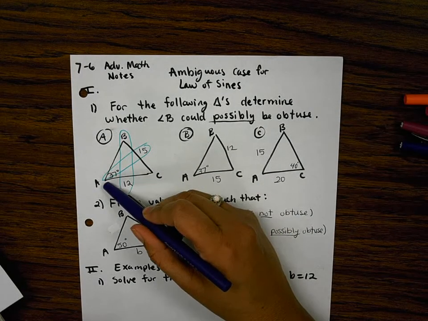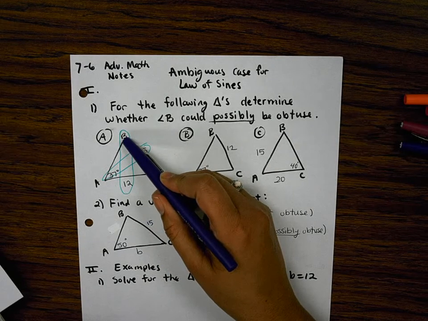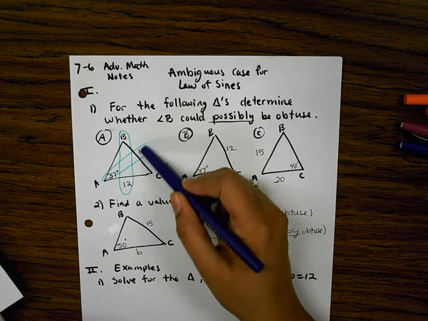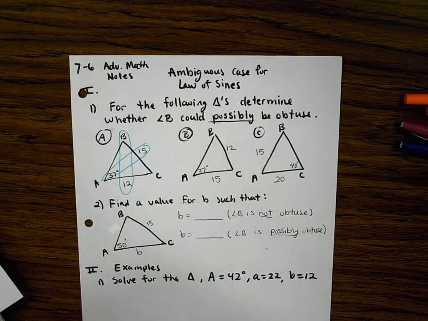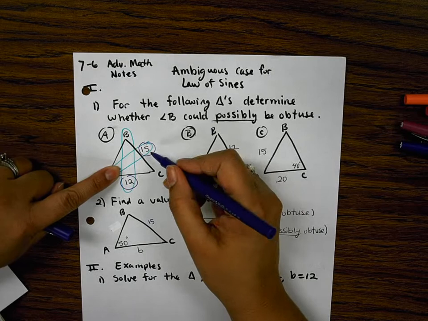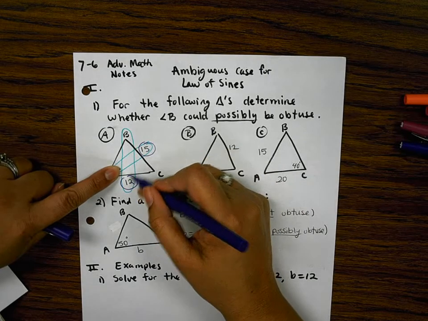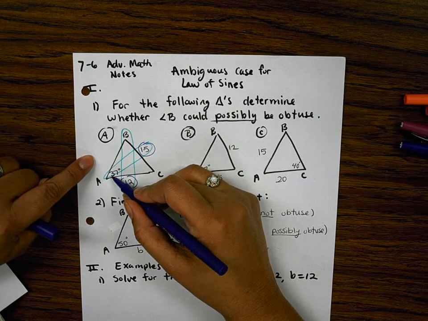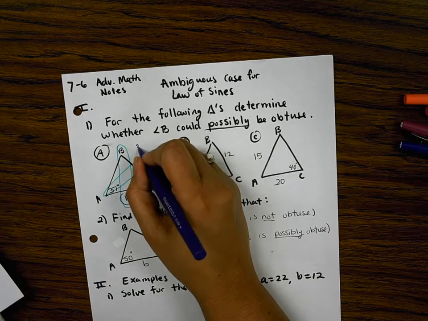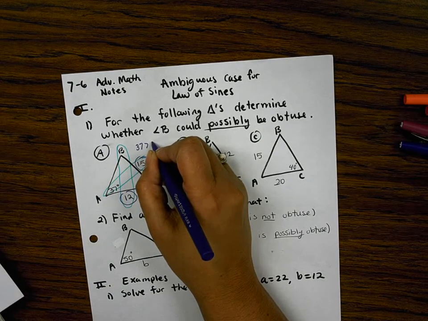And since 15 is bigger than 12, that means 37 is bigger than angle B. I'm going to repeat that. Since 15 is bigger than 12, I'm ignoring the 37 for now, that means 15's corresponding angle is bigger than 12's corresponding angle.